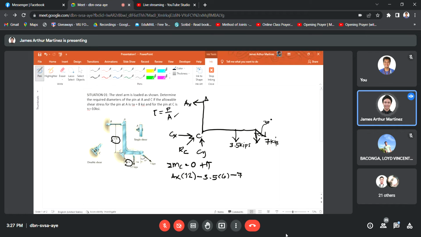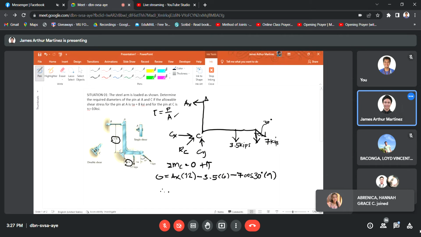So, 7 cosine 30 degrees times its moment arm, 6 plus 3, so that's 9 inches, equal to 0.